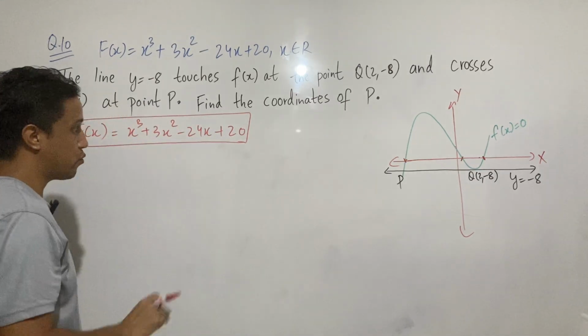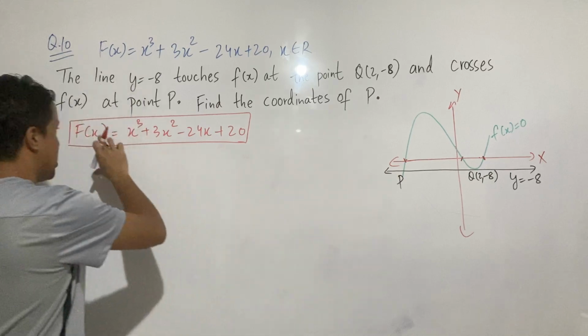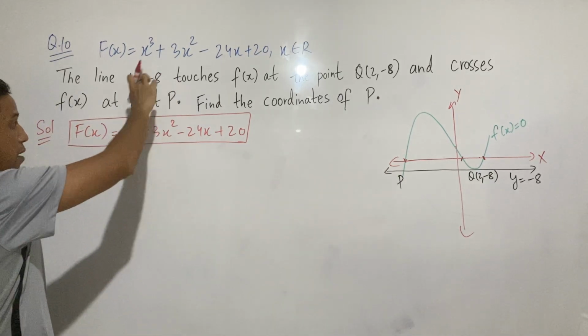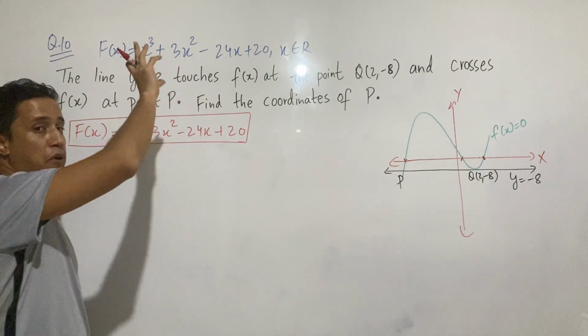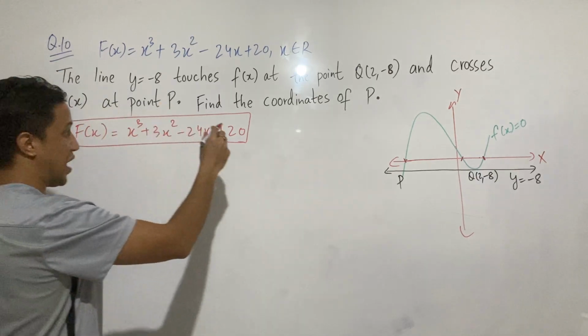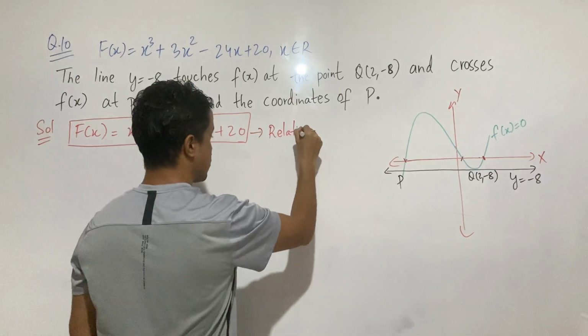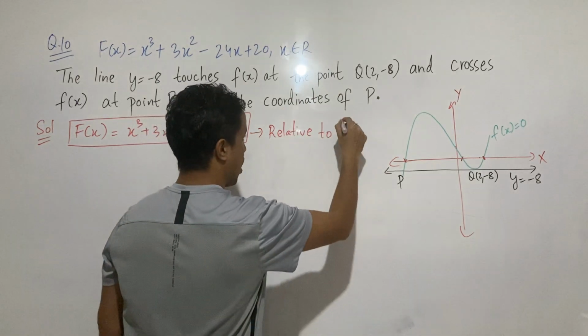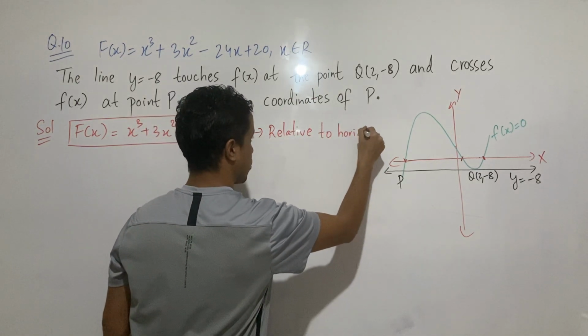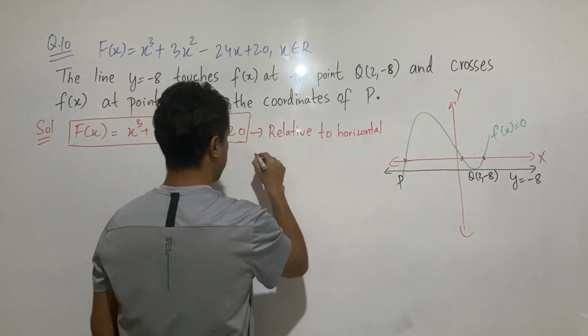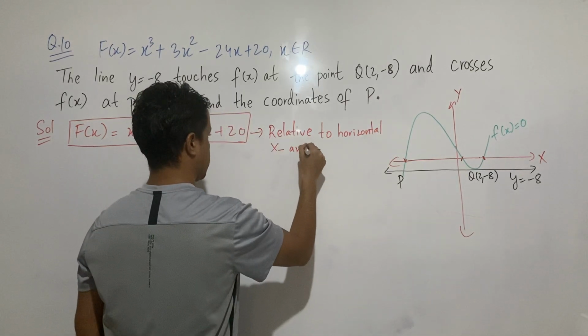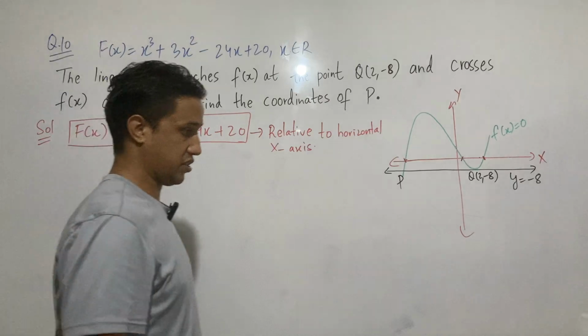But here, what I can say is that this is the equation of the polynomial function relative to the horizontal x-axis. Why?